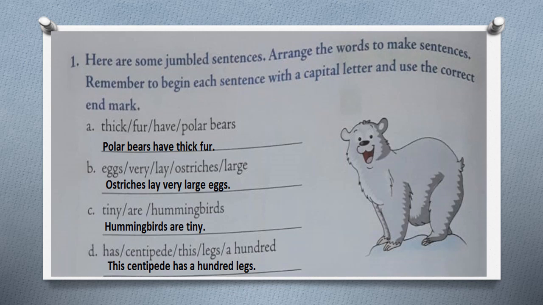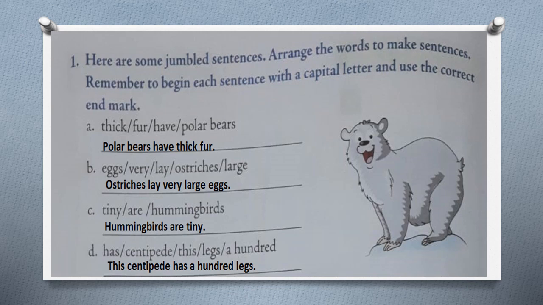Come to the B part. Here are given words: eggs, very, lay, ostriches, large. We can write: ostriches lay very large eggs. Then put a full stop at the end. See the C part.